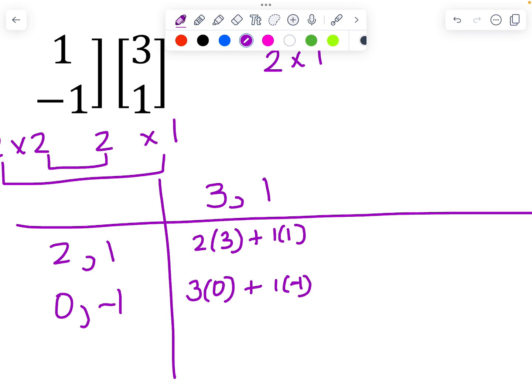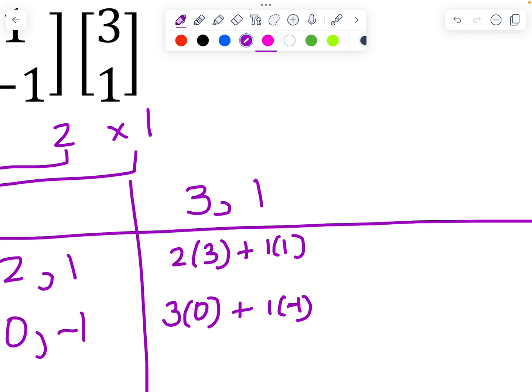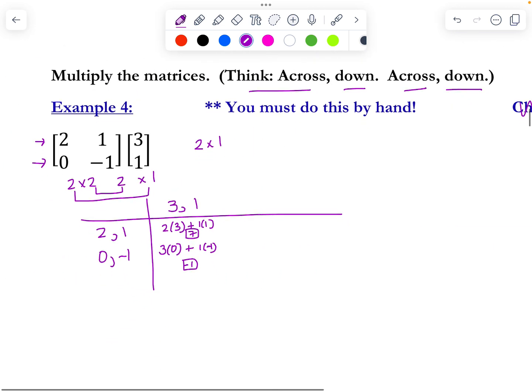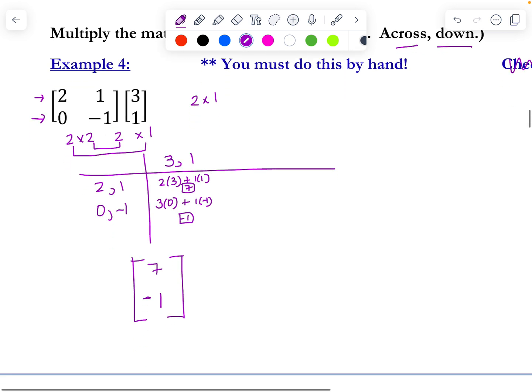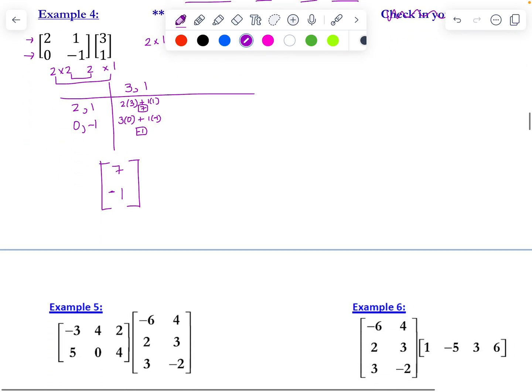Then I'm going to combine those. So this becomes 7, and then this becomes negative 1. So my new matrix, I did tell you it's going to be a 2 by 1, is 7, negative 1. So that was my 2 by 1, my new matrix.